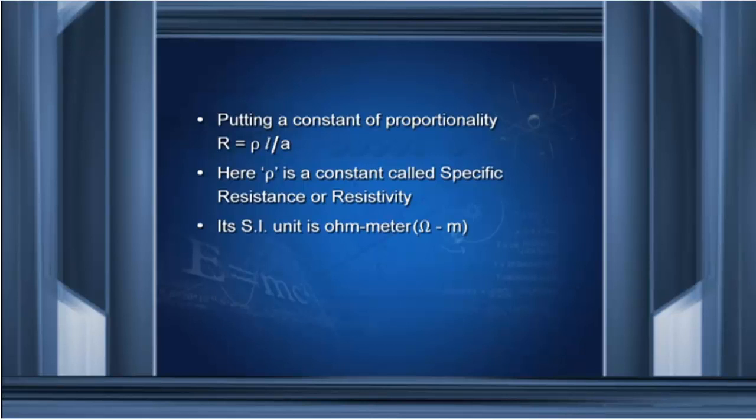As we know, R equals to A n e square tau upon m into L. So rho will be equals to m upon n e square into tau. Specific resistance.